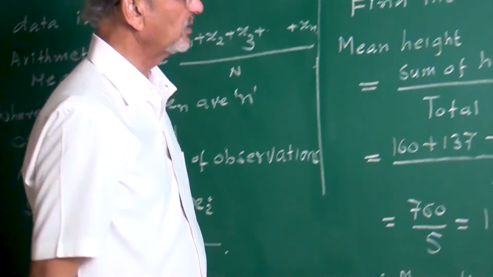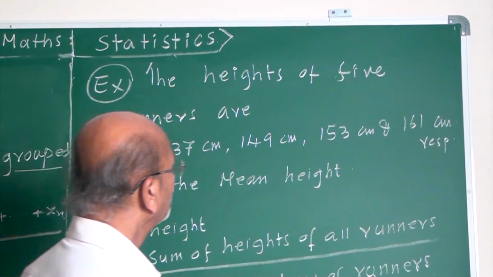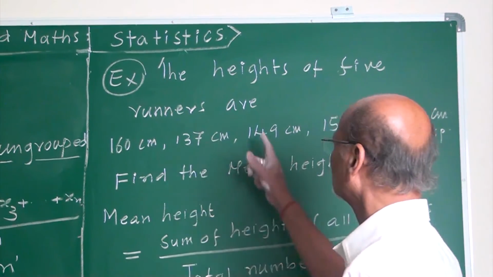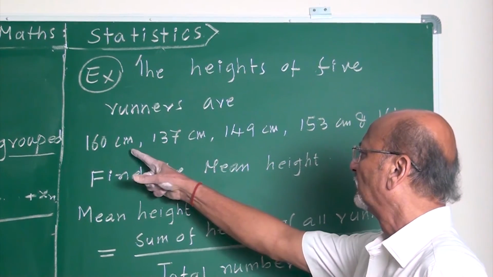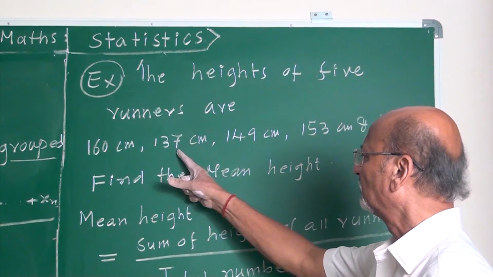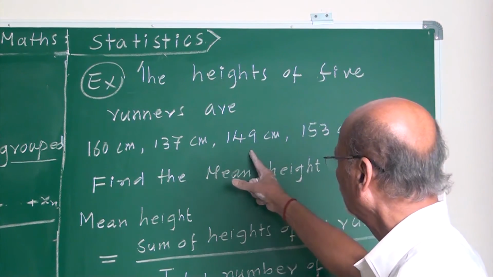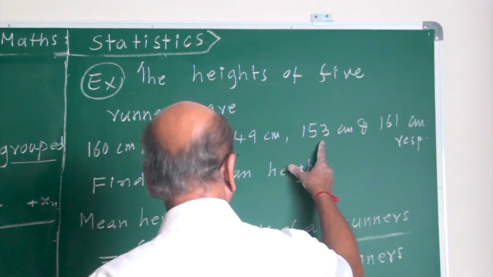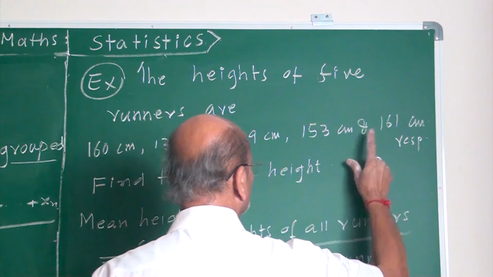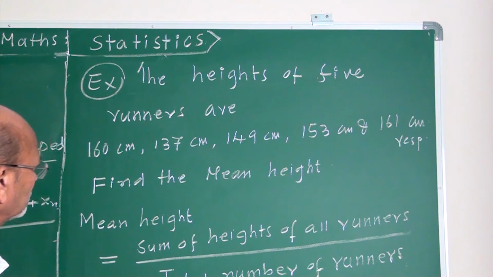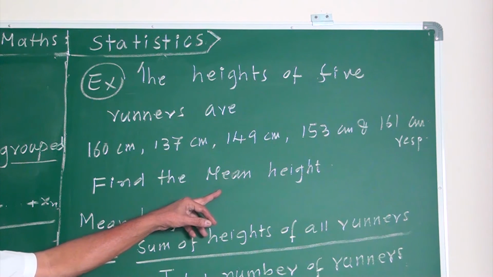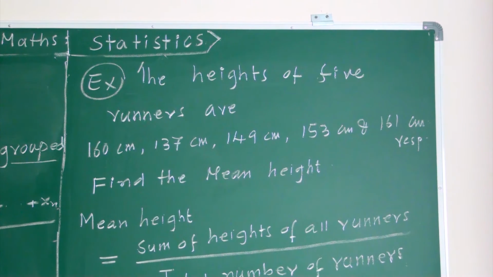Yes, one example, my friends. The heights of 5 runners are 160 centimeters, 137 centimeters, 149 centimeters, 153 centimeters, 161 centimeters respectively. Find the mean height of these runners.